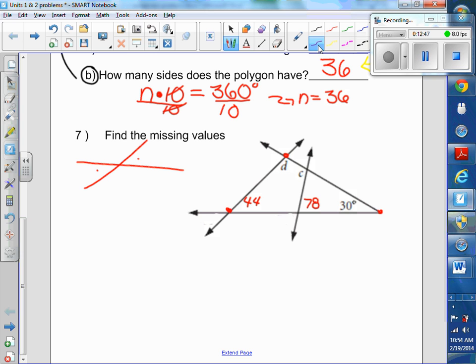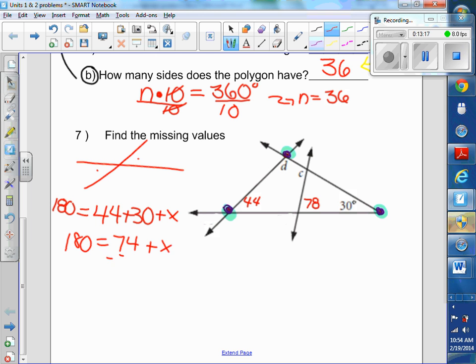So, do you see this triangle right here? I did an extremely long way. Like I dotted 3 vertices right here. Those 3 angles have to add up to how much? 180. Good. And we know that 44 plus 30 adds to 74. So 180 is equal to 74 plus x.